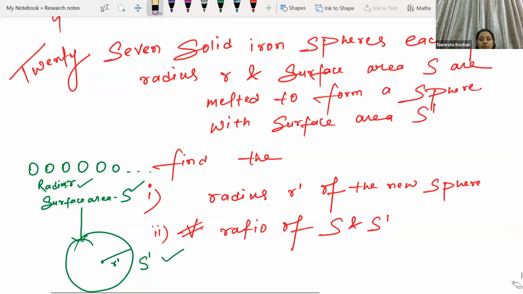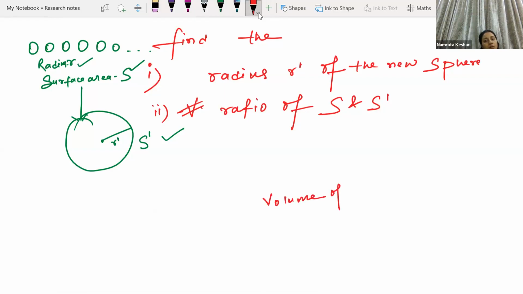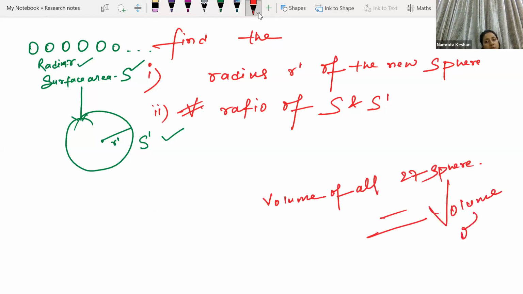So whenever we have such a scenario, we use the concept of volume: if 27 spheres are melted and converted into a big sphere, that means the volume of all 27 spheres added together will be equal to the volume of the new sphere.